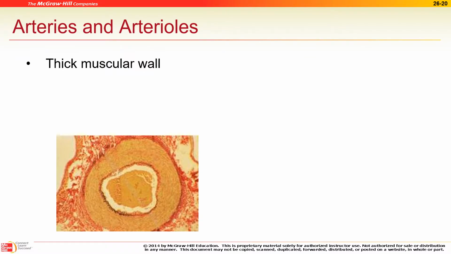Arteries, as they get smaller and smaller, are called arterioles. These guys have muscles in their walls. So this thick layer here is muscle because they're under pressure of the heart. Veins, on the other hand, not a lot of muscle. Blood is being flowed through them by your movement.